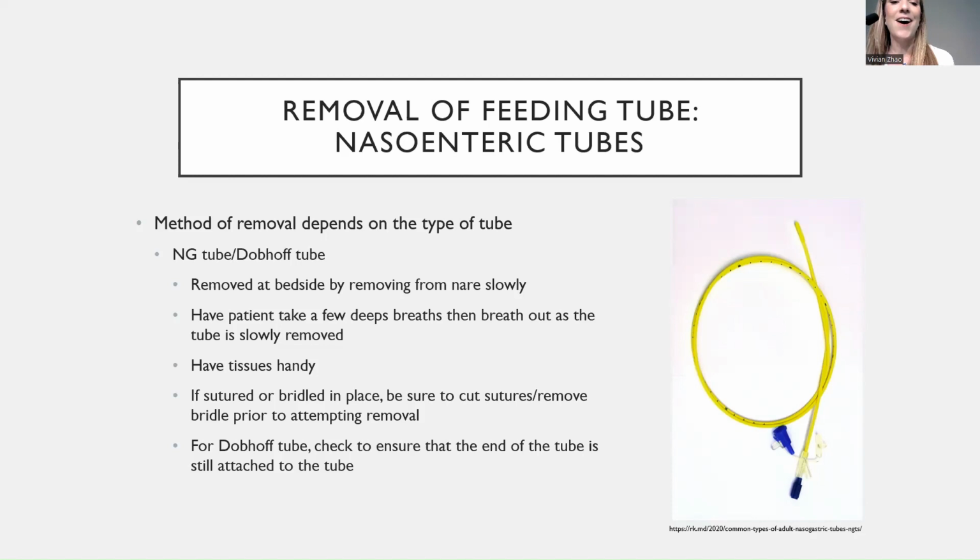Then you want to slowly remove it. After it's removed, you want to make sure that the end tip is still connected to the tube that you just removed. Sometimes it may feel like the tube is stuck on something, which sounds weird. There have been times where that end tip has gotten stuck inside, so you always want to check to make sure that's still there.